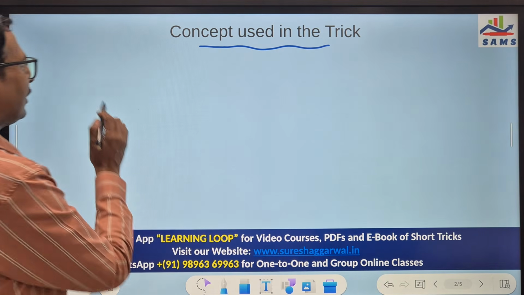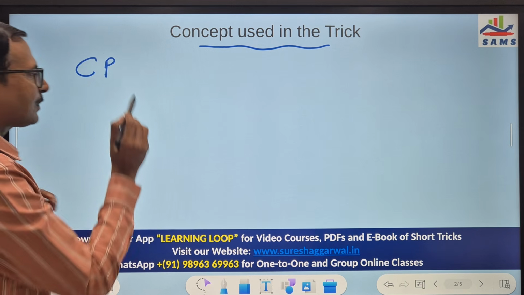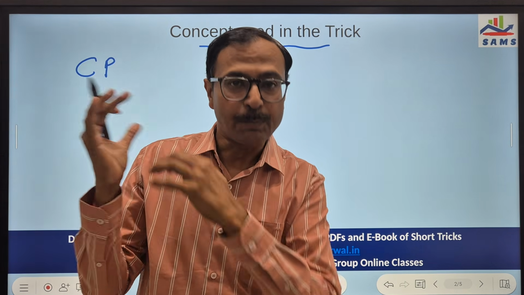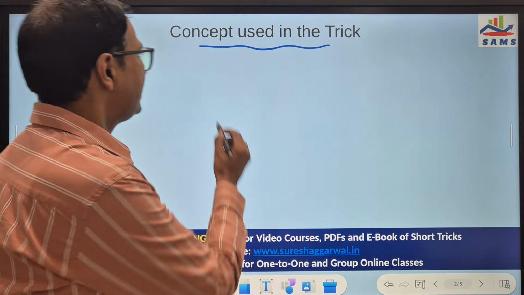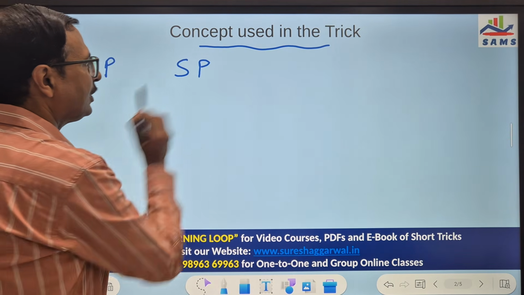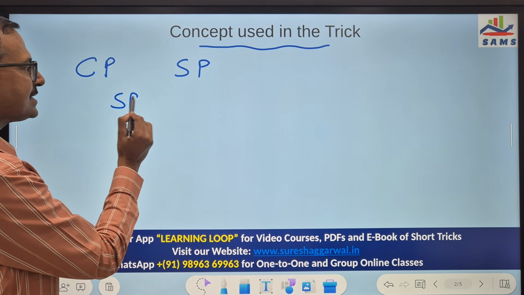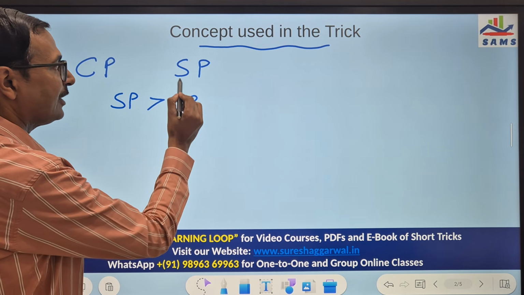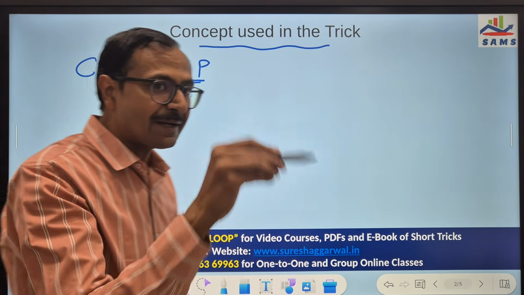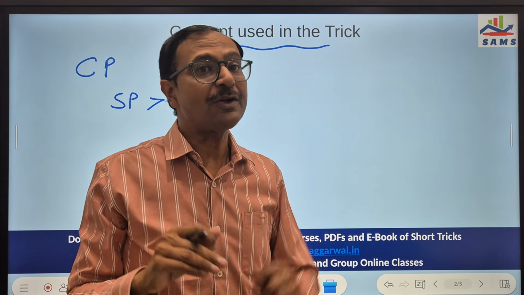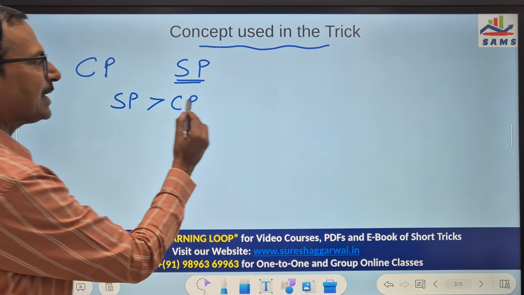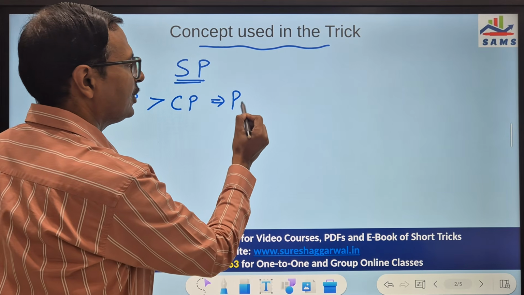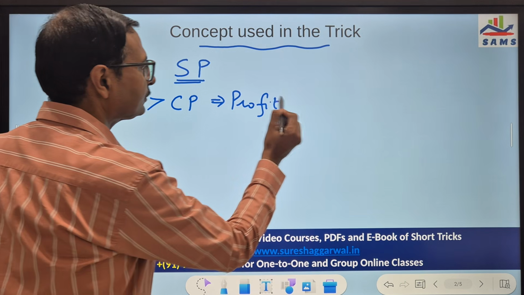So the cost price is that price for which an item is brought, and when it is sold, it becomes the selling price. Now if selling price is greater than the cost price, when what you are selling at is more than what it costed you, then obviously you get profit. Selling price greater than cost price, you get profit.